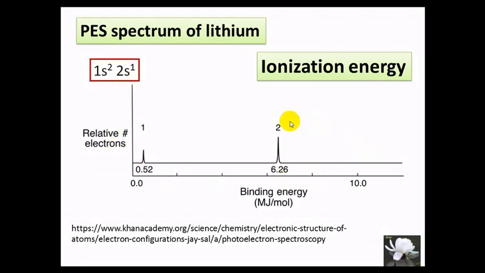This is the spectrum of lithium obtained by photoelectron spectroscopy. We can see two signals of different intensity. The energy for removing a valence electron is less than the energy required to remove two electrons.